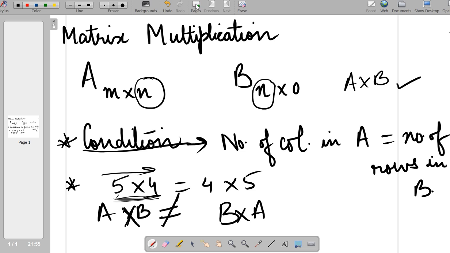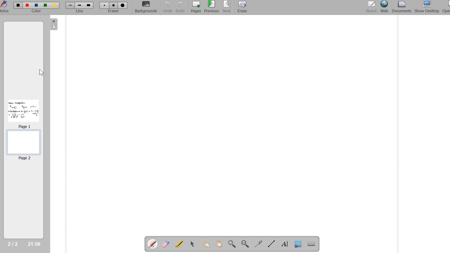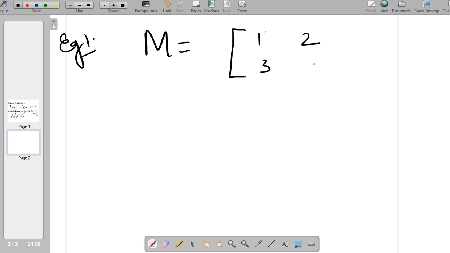So let's take an example. Example 1. I have a matrix M which has elements 1, 2, 3 and 4. This is your matrix M. And I say, give me the value of 3M.